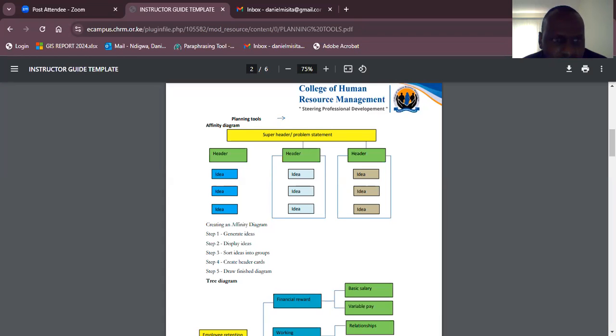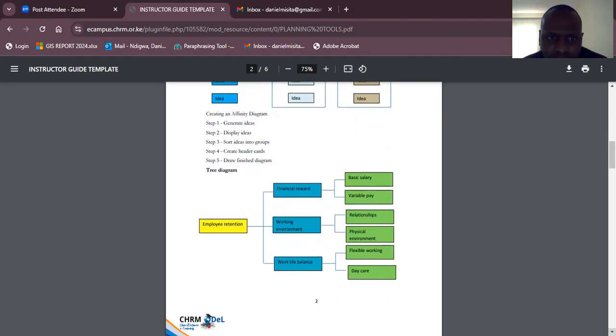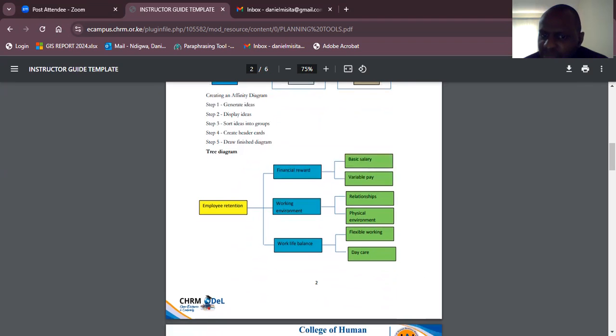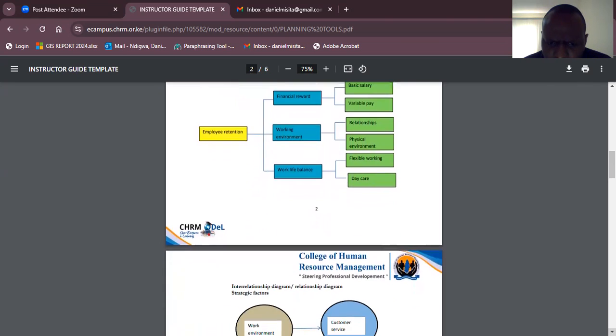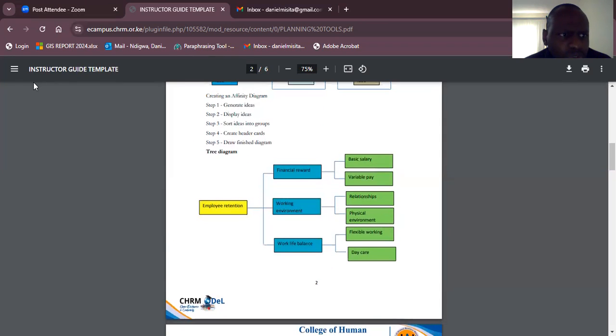Then secondly, we have what is called the tree diagram. So the tree diagram, as you can see, we have the first step, which is having the problem that you want to get a solution for.